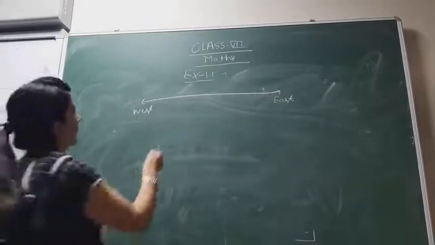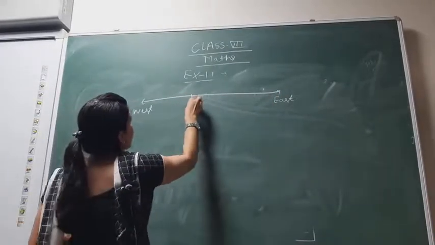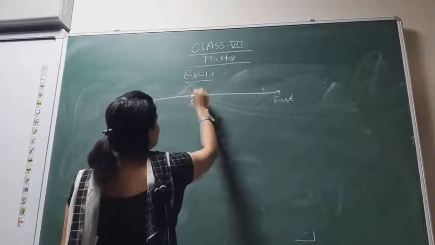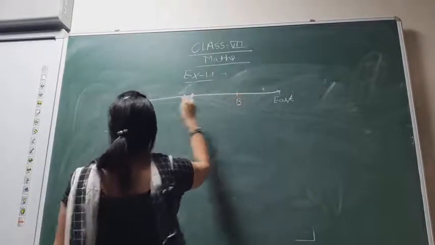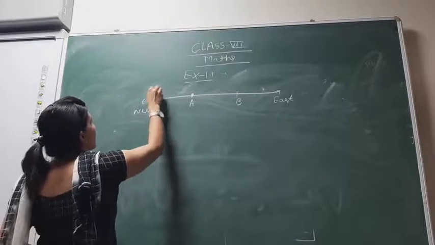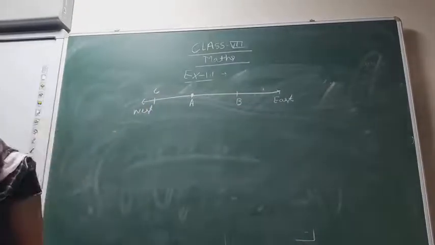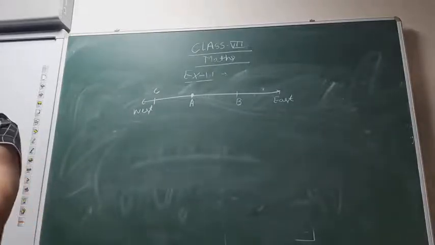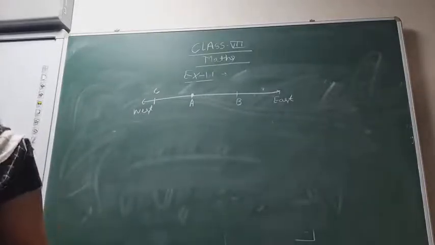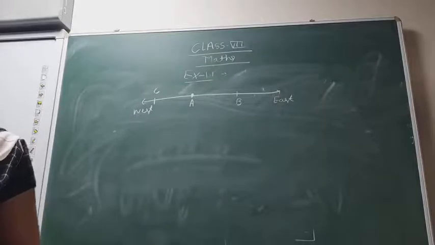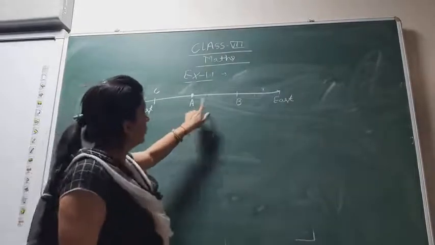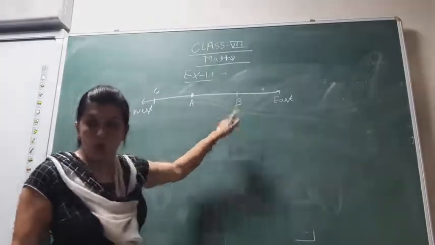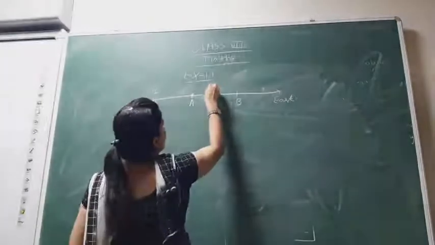This is the point A. I am just drawing the line. And here is B. Rita goes 20 kilometers towards east from point A to point B. From point A to point B, Rita covers a distance of 20 kilometers.